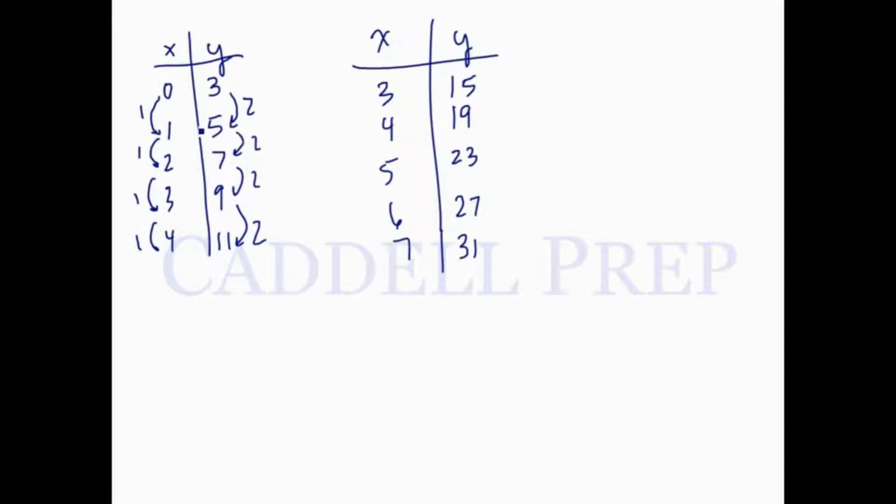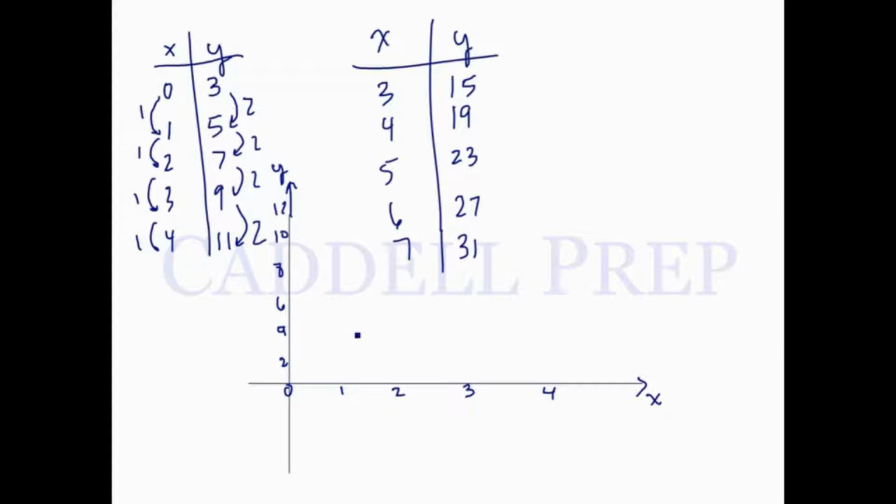And if we look at this one, let's graph this. So 0, 1, 2, 3, 4, and here we'll count by 2's. 2, 4, 6, 8, 10, 12. Alright, so this is our x, and this will be our y.